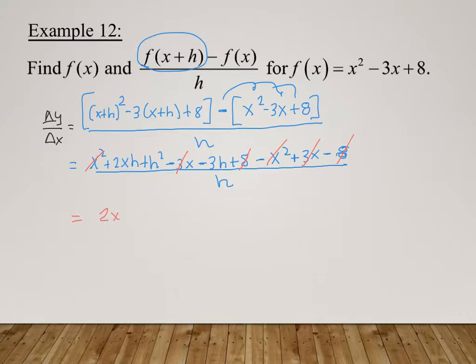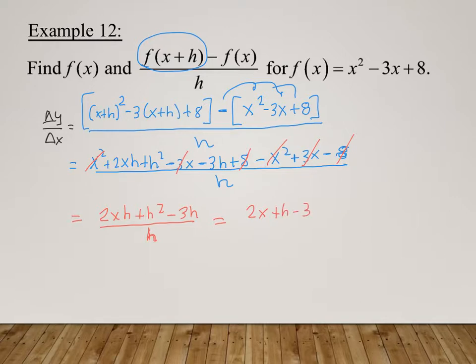And I should be left with 2xh plus h squared minus 3h, all over h. And now I can cancel an h from each term, so I get 2x plus h minus 3.